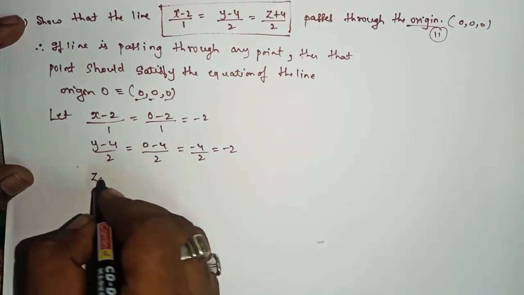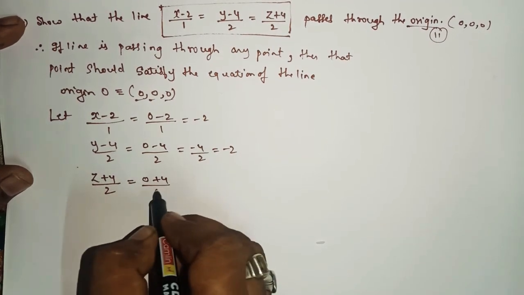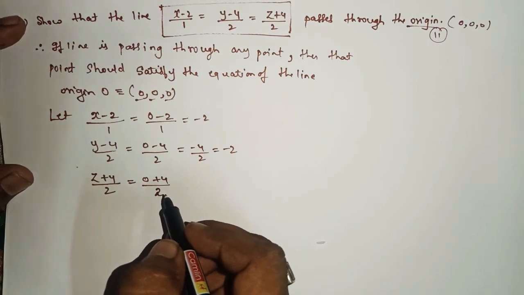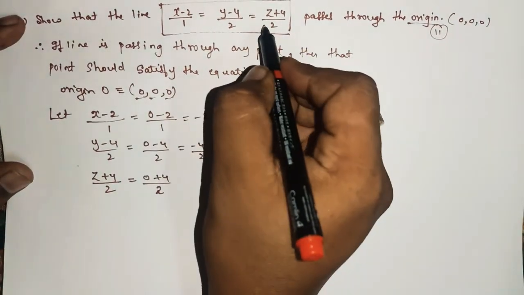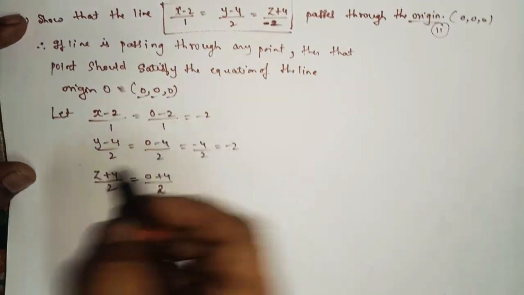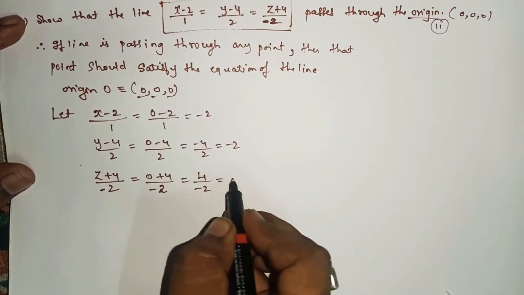Now we'll take the third ratio. So 0 plus 4 upon, okay, here in the question it is actually minus 2, remember. So 4 upon minus 2.